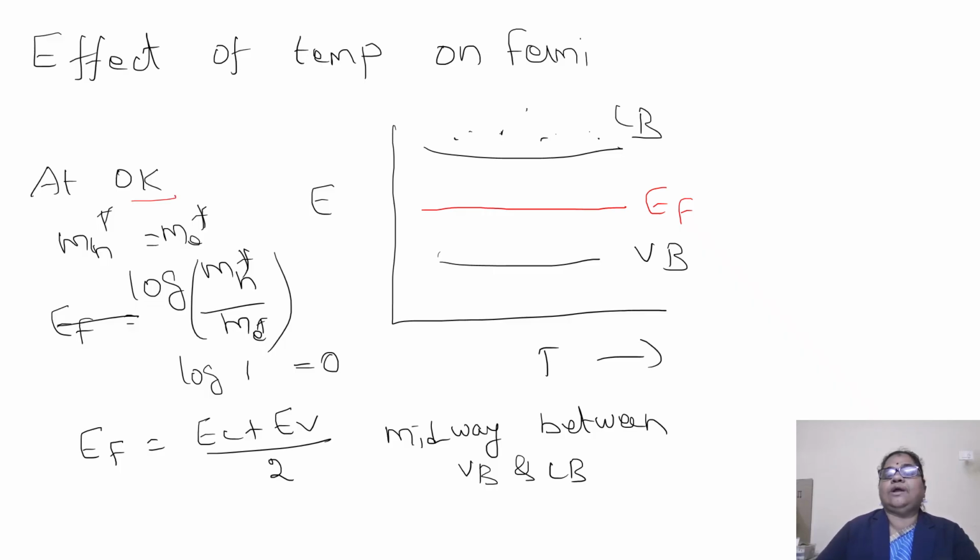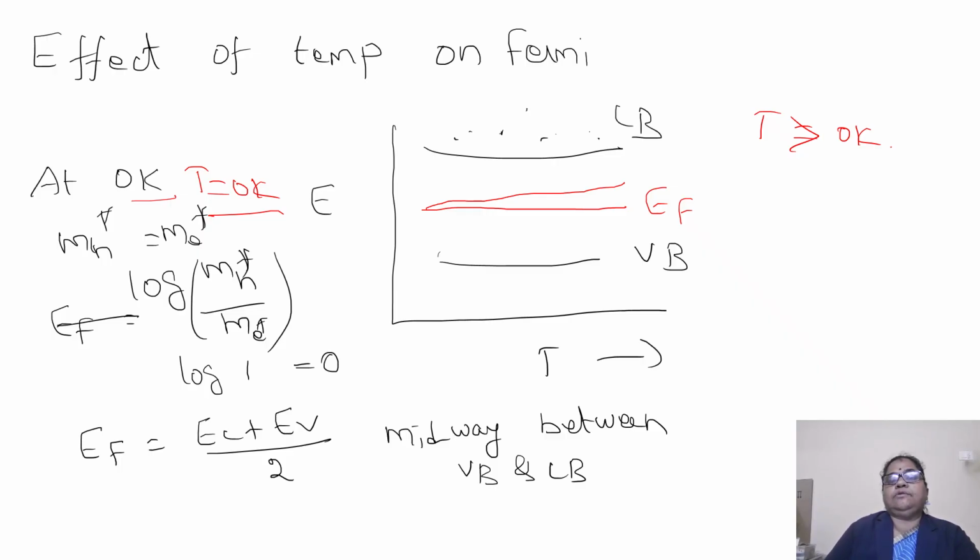If you raise the temperature, here we had T equal to 0 Kelvin, but now we change to T greater than 0 Kelvin. So this Fermi energy level shifts above the actual energy level.